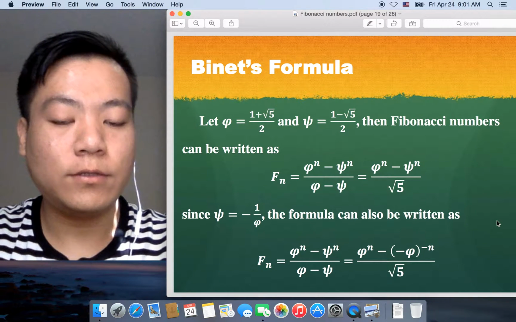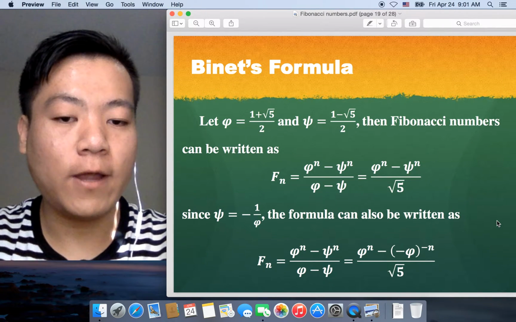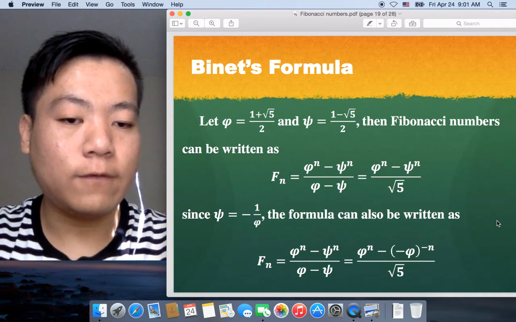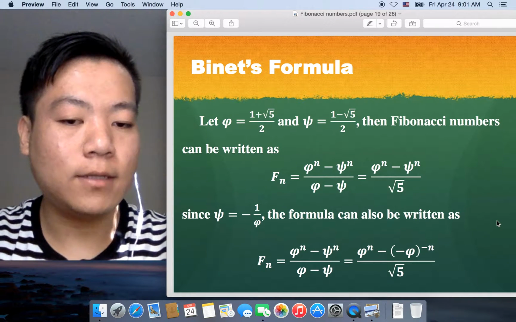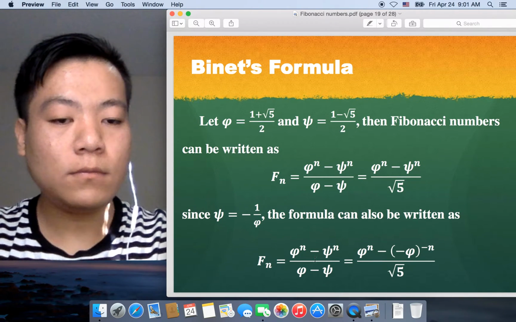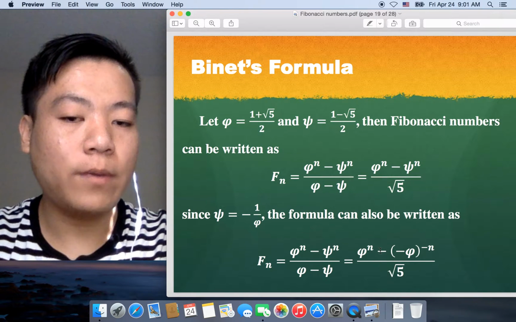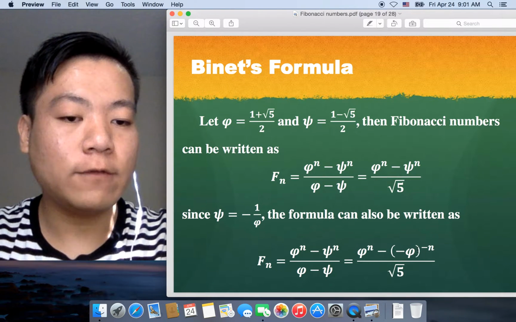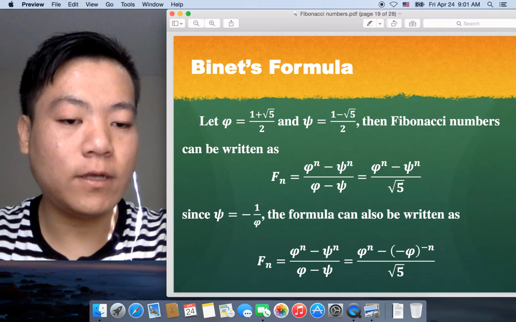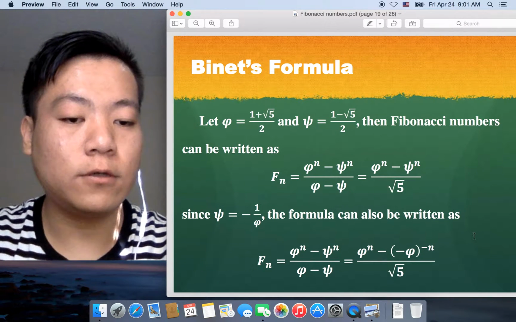Since psi is negative 1 over phi, the formula can also be written as F_n equals phi to the nth power minus negative phi to the negative nth power over square root of 5.